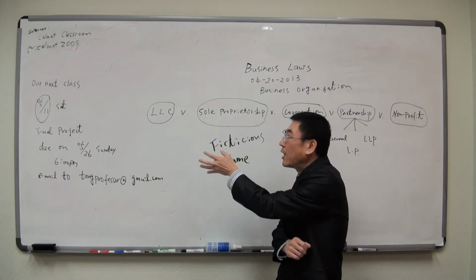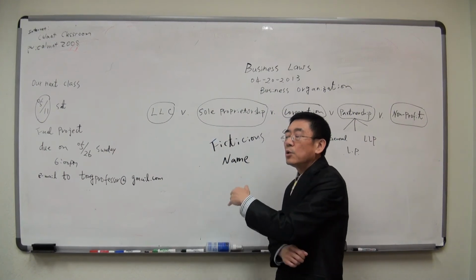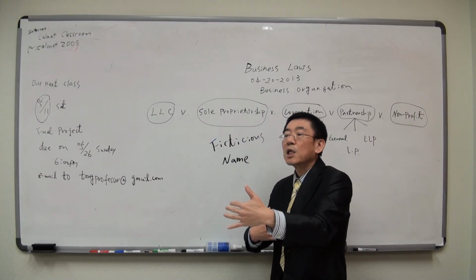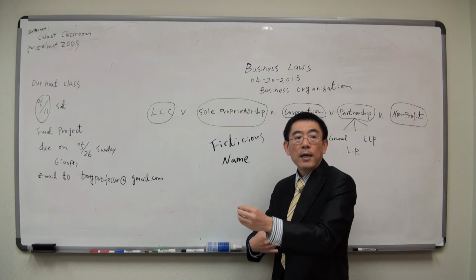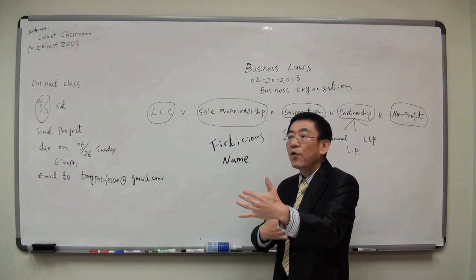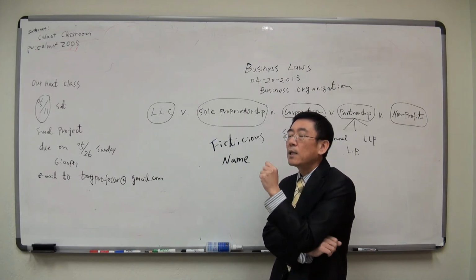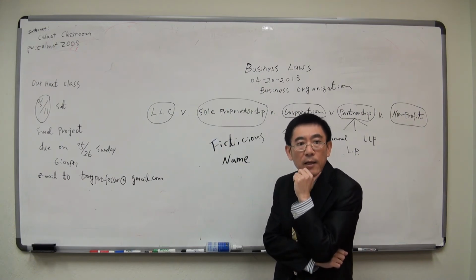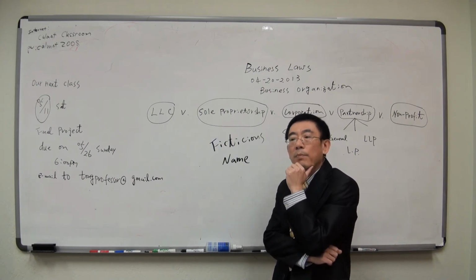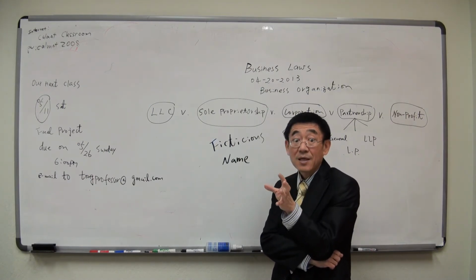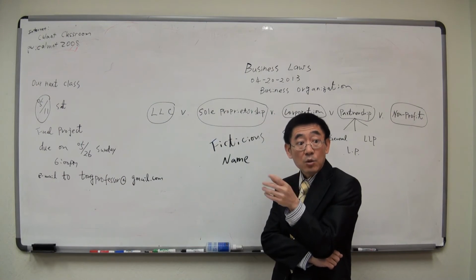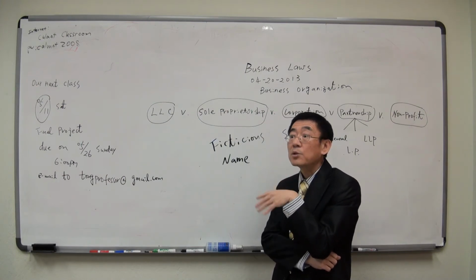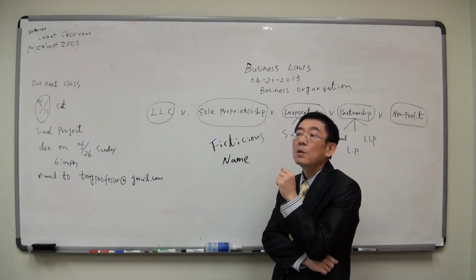When you have completed this procedure, you receive the certificate from the county with the stamp, and you can use this form to go to any bank to open your business checking account. That's very important because you want to separate your revenue and expenses related to this business from your personal revenue and personal expenses.